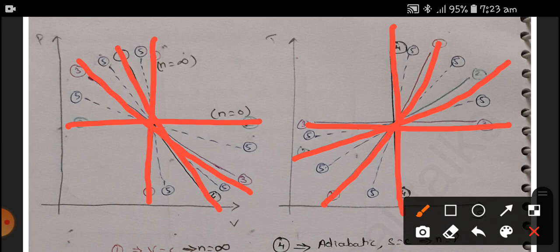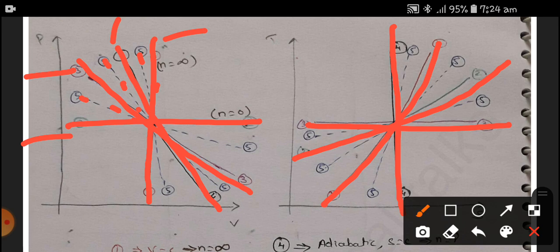And the polytropic process is intermediate between the constant pressure, isentropic, isothermal and constant volume processes. So it is an intermediate process of these four processes.